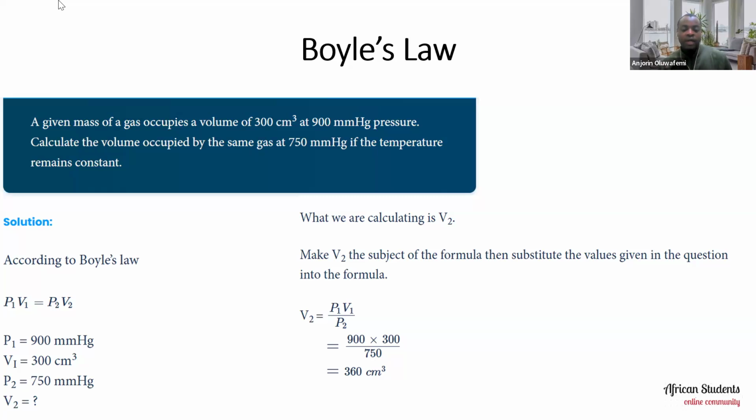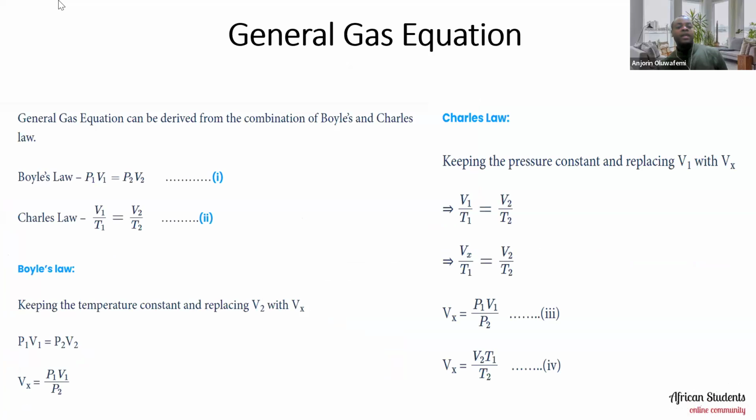You plug in the values and then you end up having 360 cm cube as the final volume. Okay. Now the next thing we need to look at is the general gas law. From Boyle's law, we know that P1 V1 equals P2 V2, and then we equally know from Charles' law that V1 over T1 equals V2 over T2.